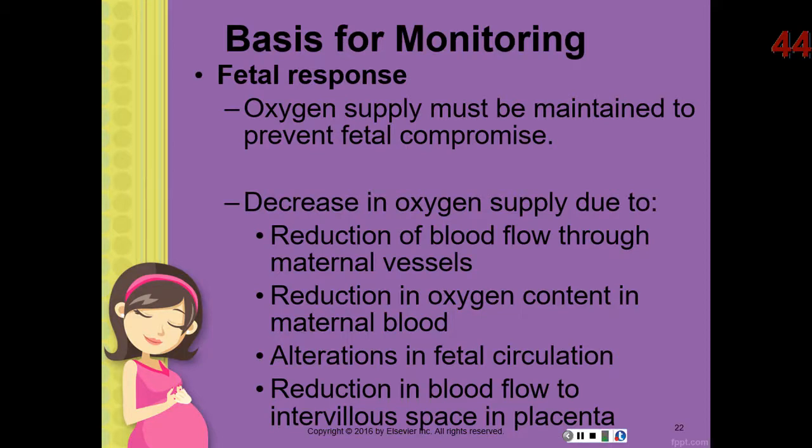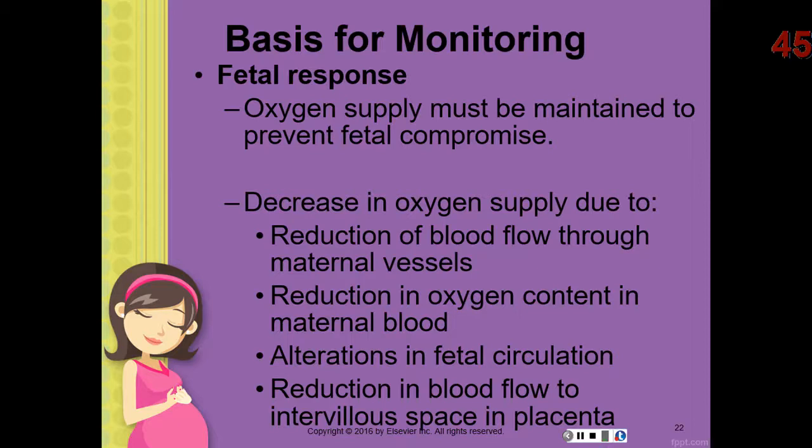Then there's a reduction in the oxygen content in the maternal blood. When does this happen? Probably most often during a hemorrhage. If you do not have enough red blood cells, you're not carrying enough oxygen. Then there's an alteration in the fetal circulation, like compression of the cord.